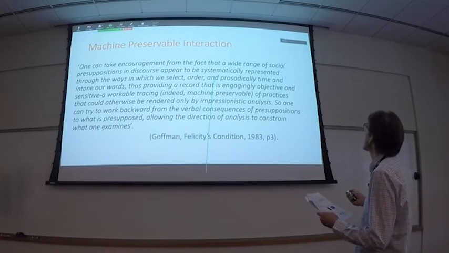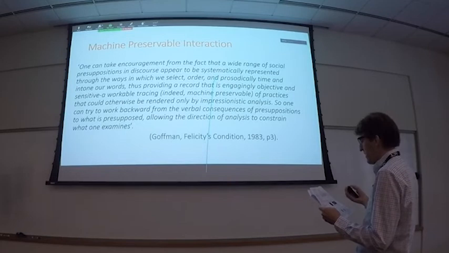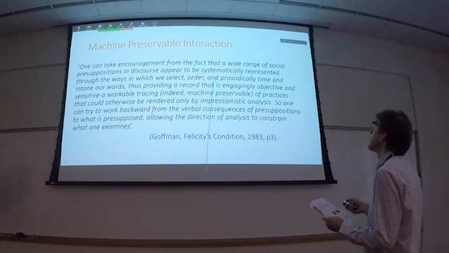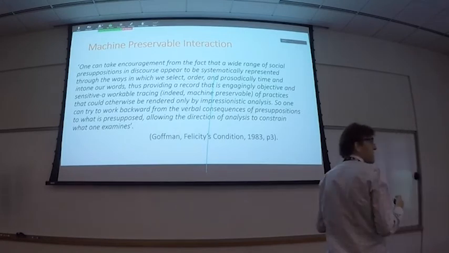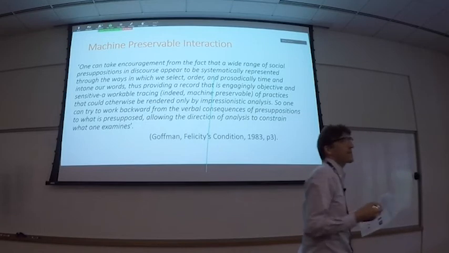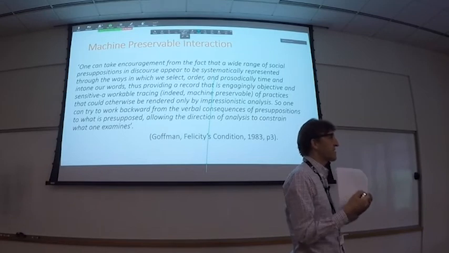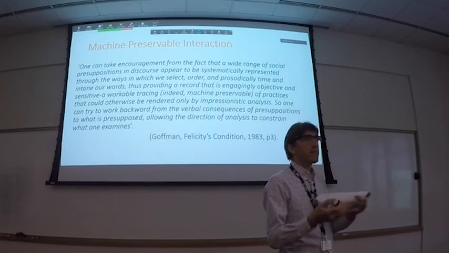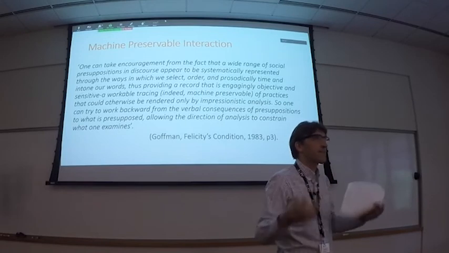That it's objective, that we can capture it, and also that we can work back from that data to its underlying presuppositions, etc. What it's suggesting is that there's a coherence between the various streams of data, the various modes of analysis. They're not ad hoc. So when I'm gesturing to you just now, my gestures are intimately connected to what I'm saying and the context in which I'm saying it.